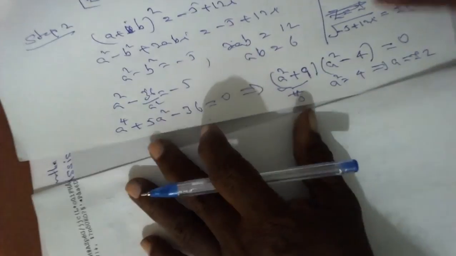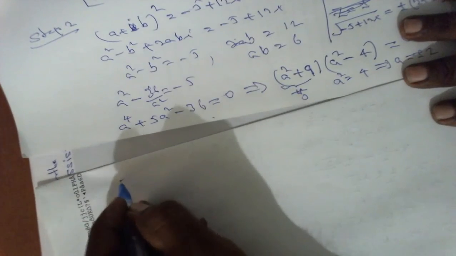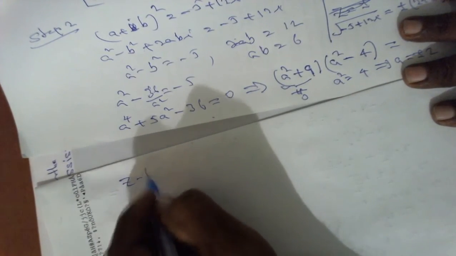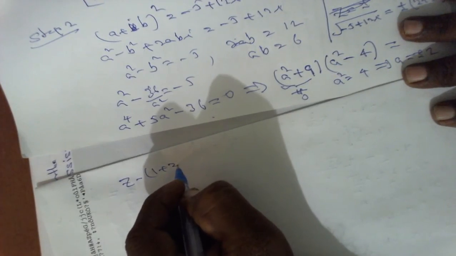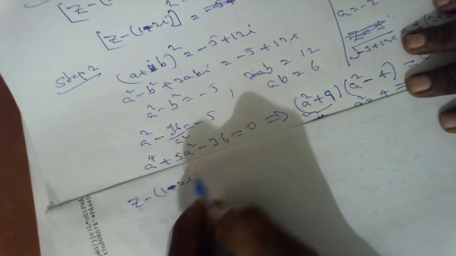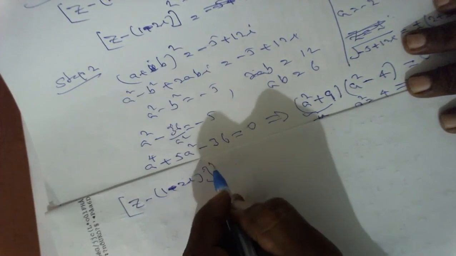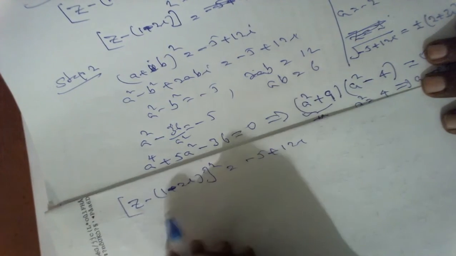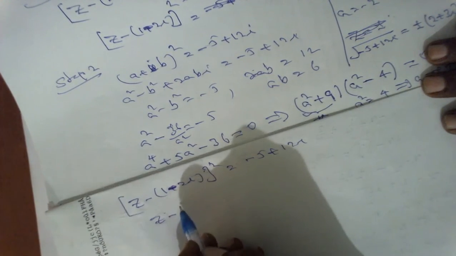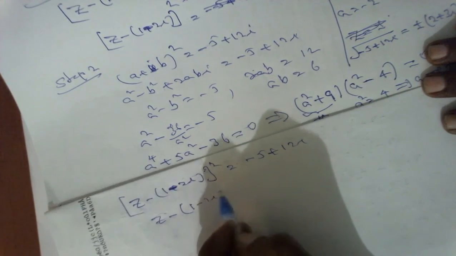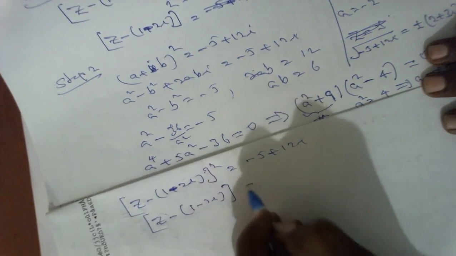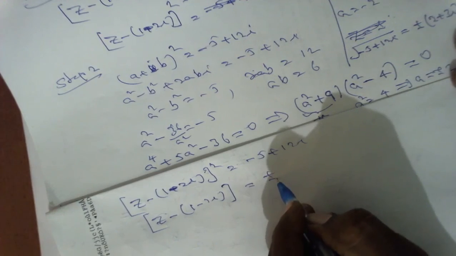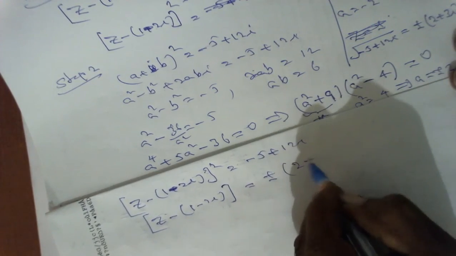Now you just take this like this. Then (z minus (1 minus 2i)) whole thing squared equals minus 5 plus 12i. When you take the square root, z minus (1 minus 2i) equals plus or minus (2 plus 3i).